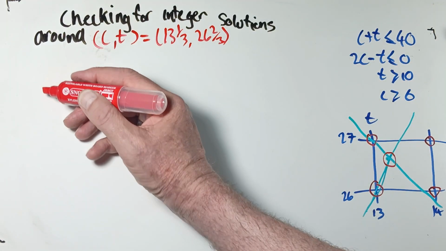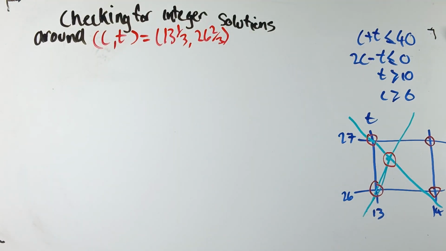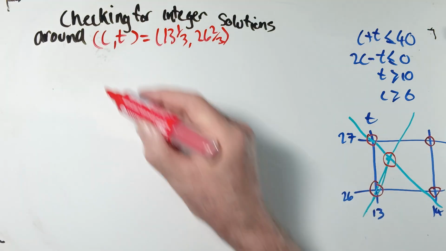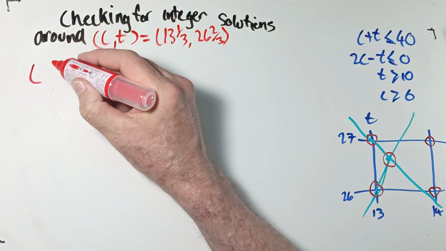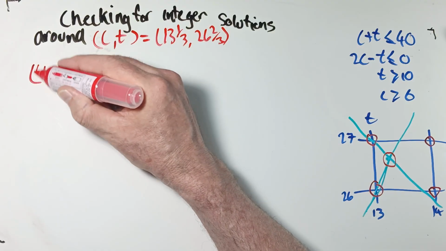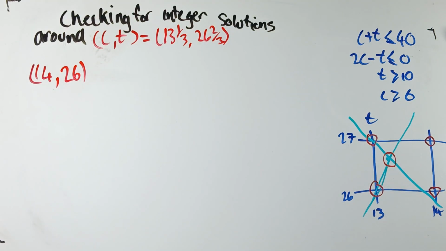So let's list out what those points actually are. I'm going to start with these ones over here. So this point here, let's check its feasibility against these objectives.